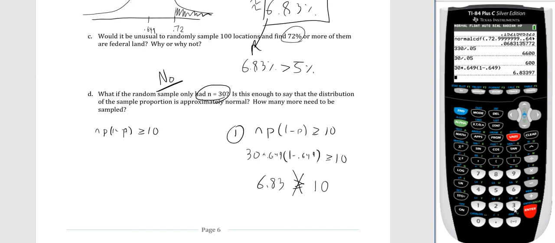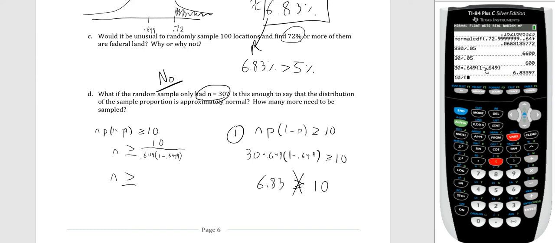If I want to solve for n, what I can do is divide p and 1 minus p to the other side. So 10 divided by p, which is 0.649, times 1 minus p, or 1 minus 0.649. If I solve for that, what I can find is how big n needs to be. So let's do that. 10 divided by parentheses.